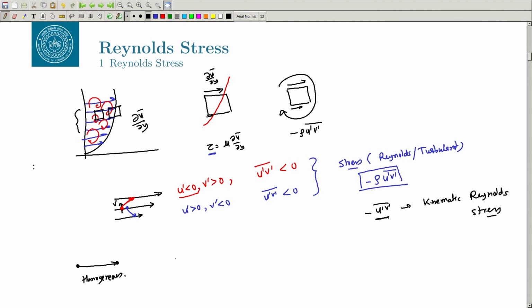And if it is rotationally invariant, let us say this is your x y z axis, and you have some value u prime or v prime or w prime, and you go to another axis which is x prime, y prime, z prime, and the value does not change, then it is called isotropic, right. So, these are homogeneous isotropic turbulence cases.